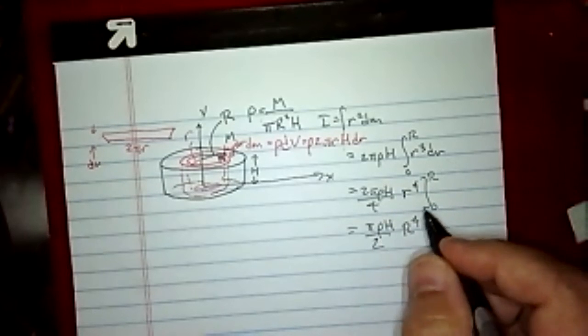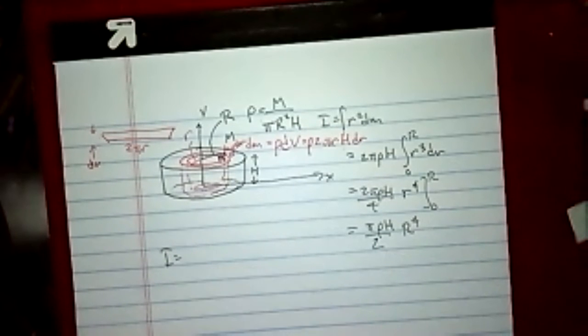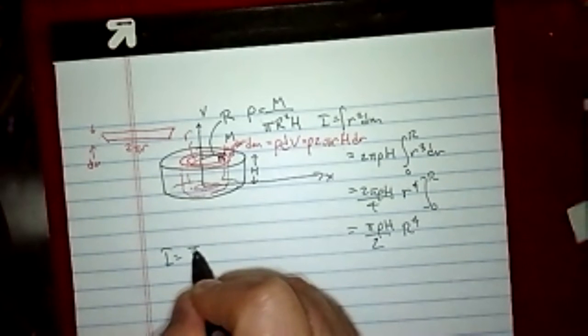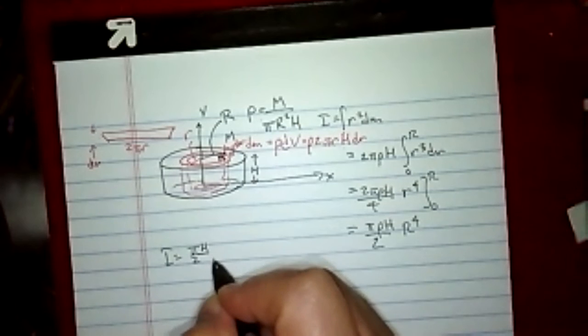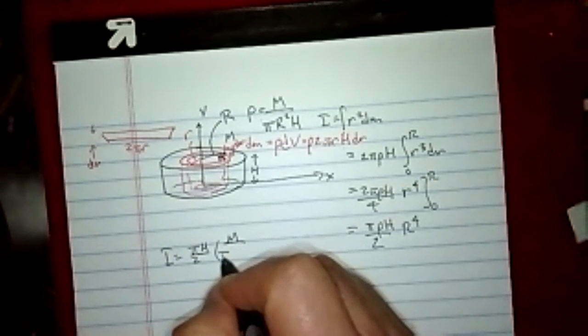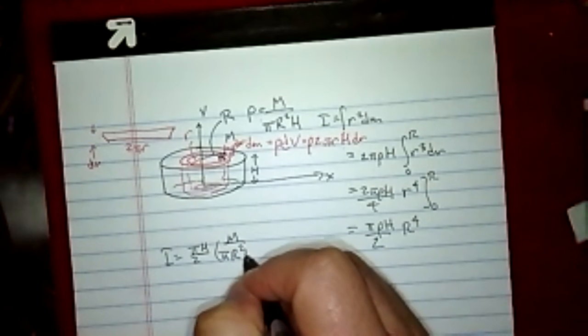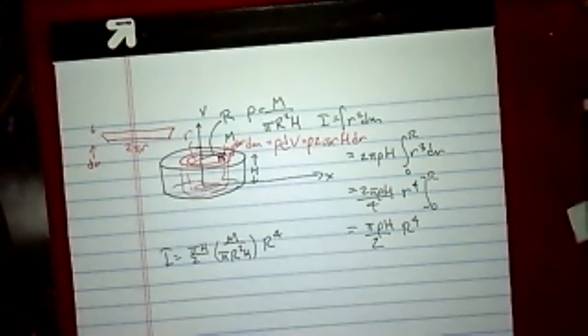But now I need to replace that rho, and when I do that, I'll get I is equal to pi over 2 times h times rho, which is m over pi r squared h, and then of course I've got R to the 4th.